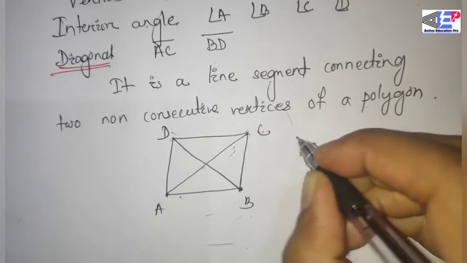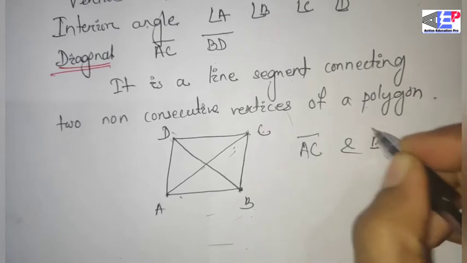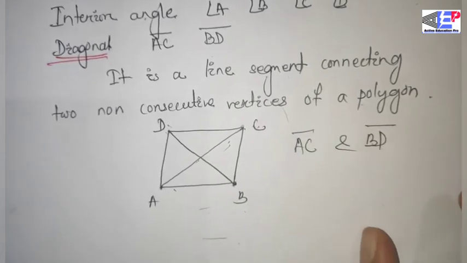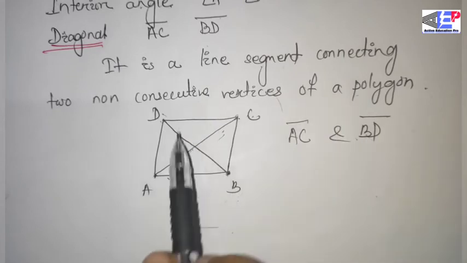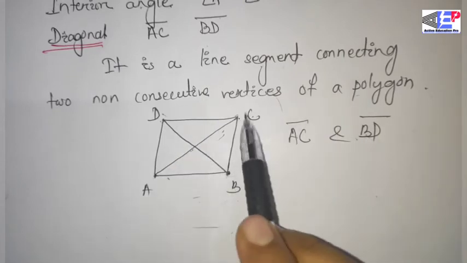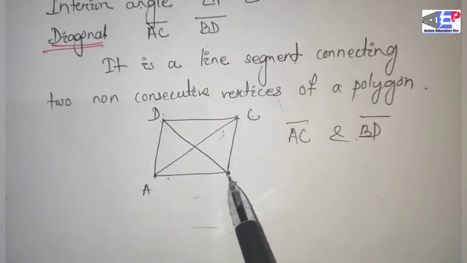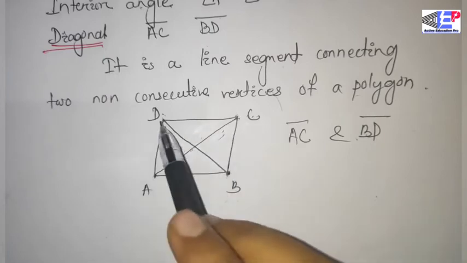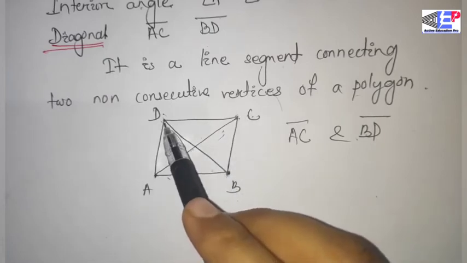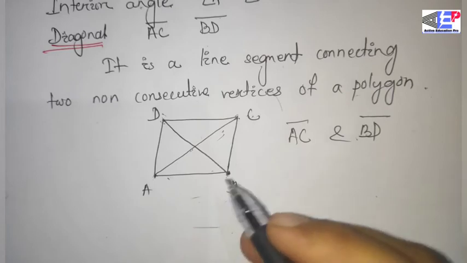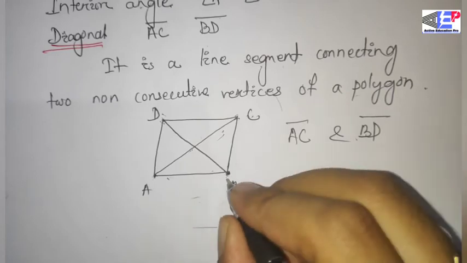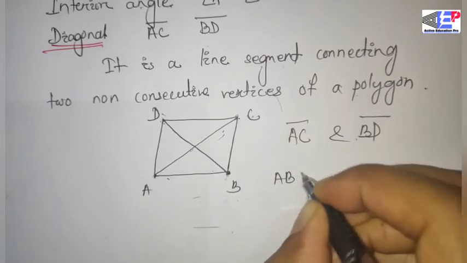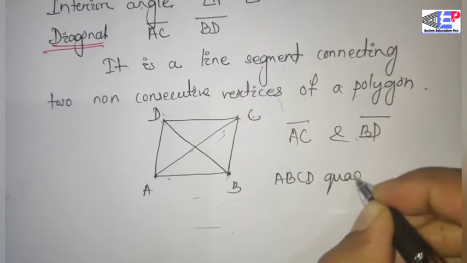So AC and BD are the two diagonals of quadrilateral ABCD. And by taking these vertex names, we can name any polygon, and this quadrilateral is ABCD quadrilateral.